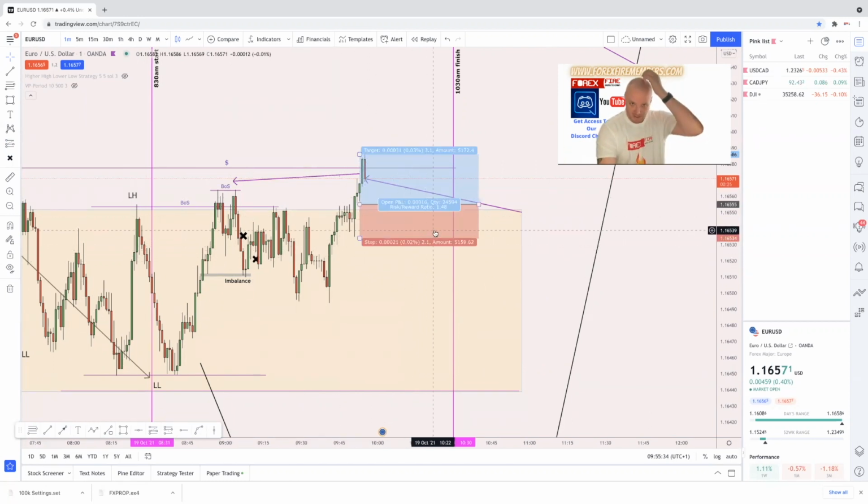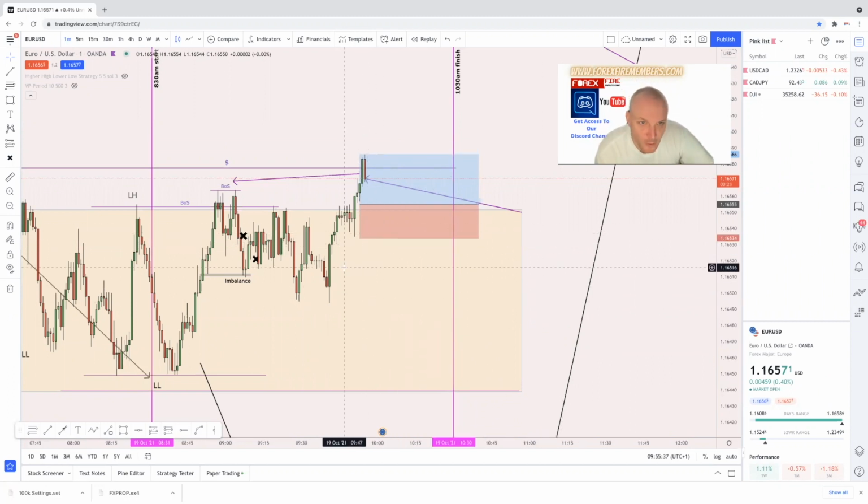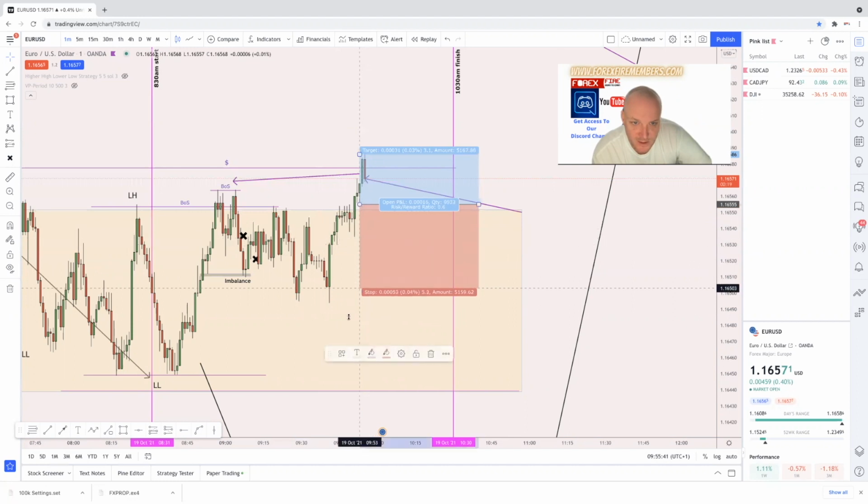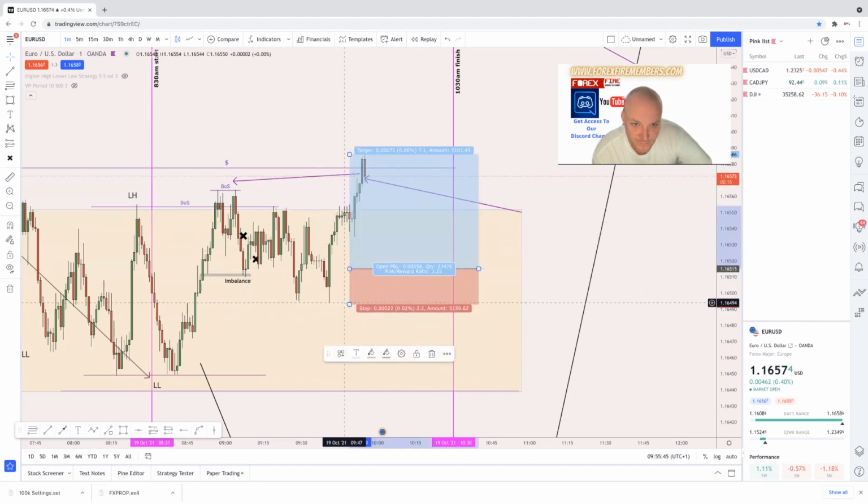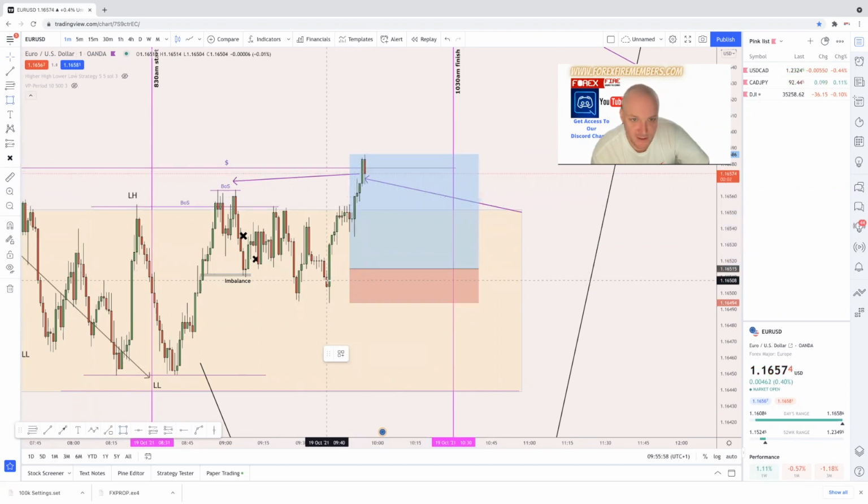One to 4.8, albeit we do have structure down here as well. We'll go for this side here, I think, to be the better side.